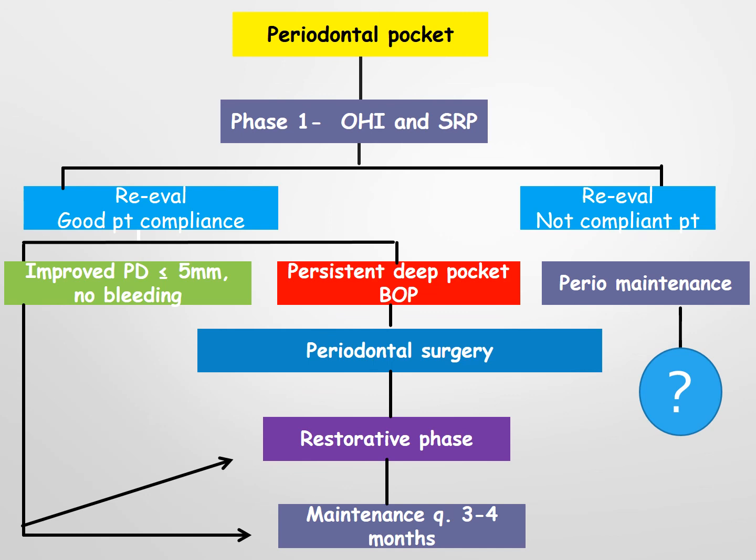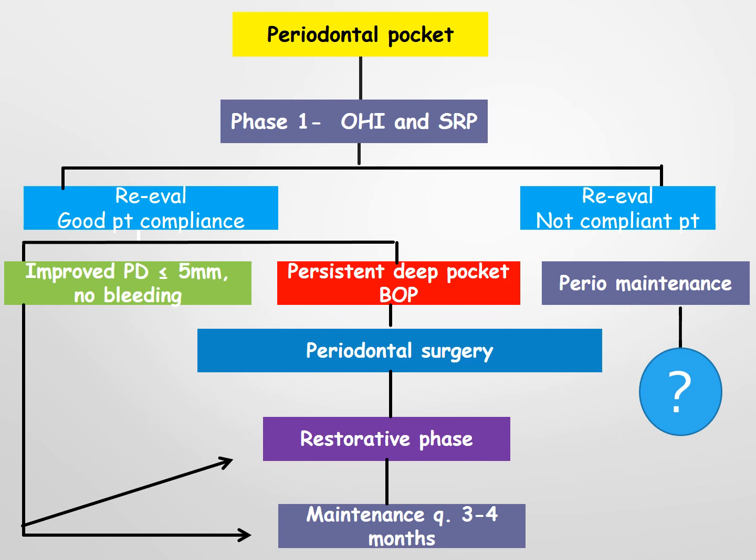If you follow the chart to the left, you're going to do a reval, and if the patient has good compliance and they have improved probing depths of less than or equal to 5 millimeters with no bleeding, then you can take that patient into the secondary restorative phase, because remember, you did your primary restorative phase or treatment phase 1 simultaneously, and then that patient would be put on a maintenance every 3 to 4 months.